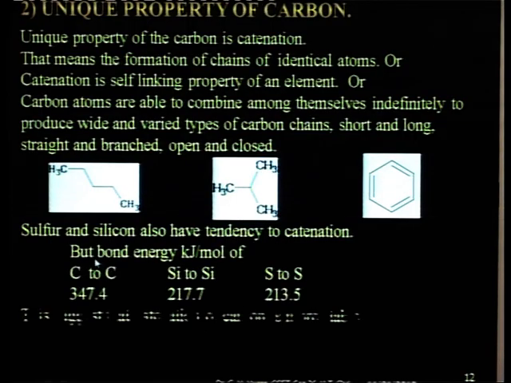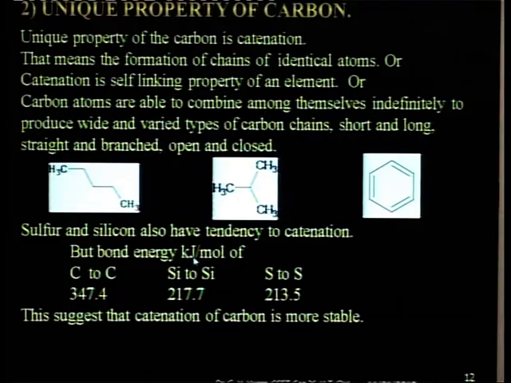However, if we observe the bond energy in kilojoules per mole, when any carbon to carbon bond is formed, energy is released: 347.4 kilojoules per mole, which is a huge energy, and therefore the carbon to carbon bond is stable. The silicon to silicon bond is 217.7 kilojoules per mole, and the sulfur to sulfur bond yields 213.5 kilojoules.